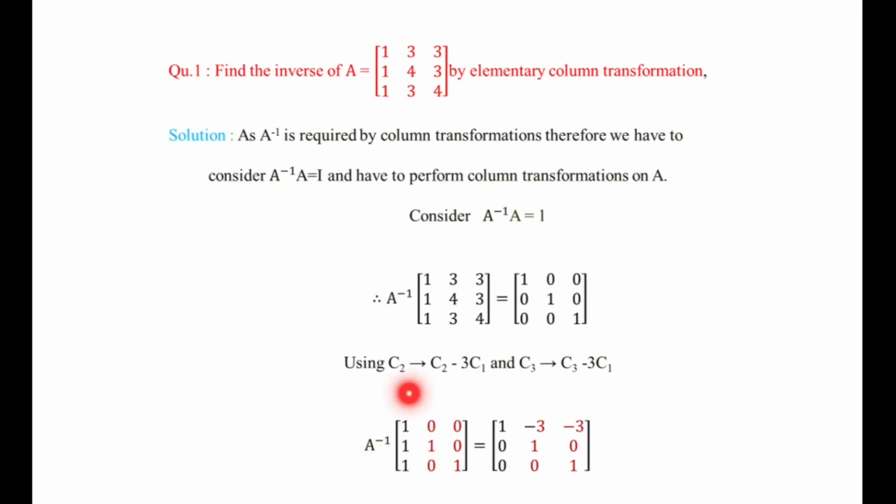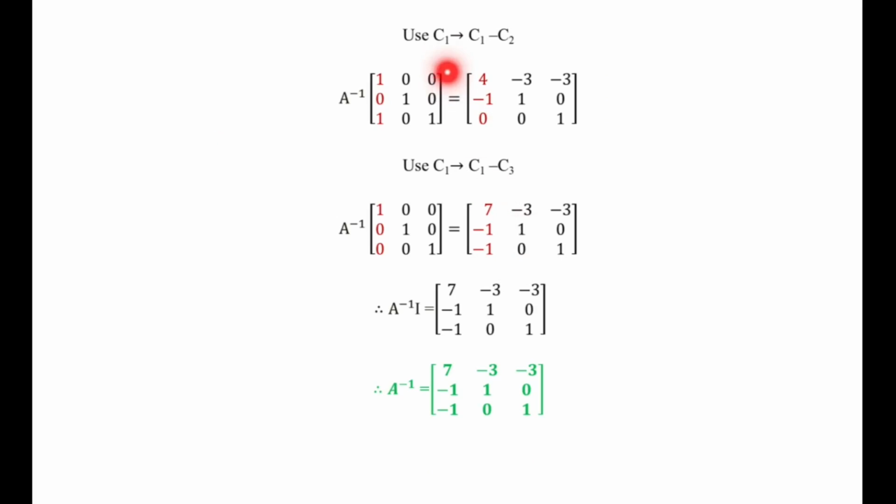Then after applying this column transformation, we require 1 in the second row. This is already 0 and this is 1. So at the place of A21 the value is 1, so we have to reduce this value. We use the elementary column transformation C1 changes to C1 minus C2.